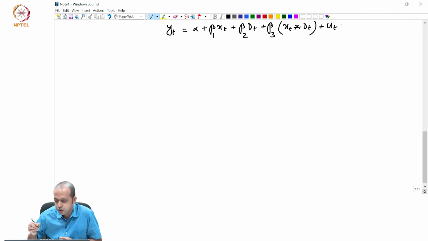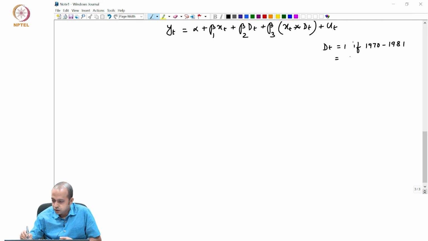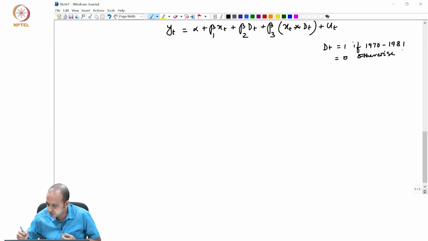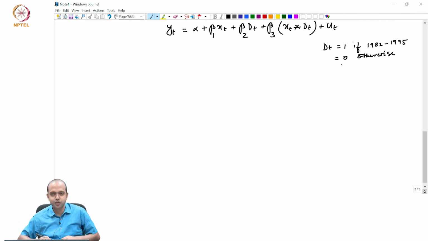This is our model, and how have we defined dt? dt equals 1 if the period is 1970 to 1981, 0 otherwise. This is dt equals 1 if the time period is 1982 to 1995 and 0 otherwise.